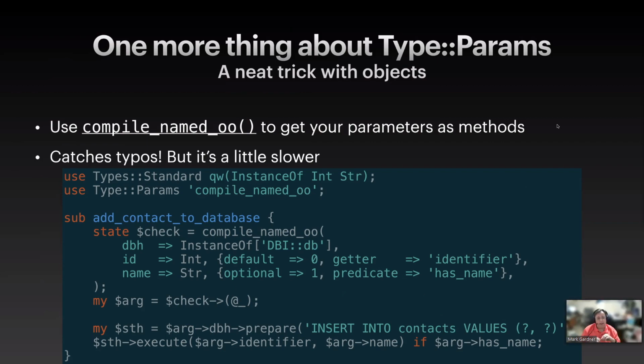Yes. Because you're setting the getter to be identifier, that's going to be the method name that you use on arg to get that value. You will not be using ID. ID will not be a method. Okay, so it's just replacing the name of the item. Right. Exactly. It's replacing the name and turning it into another method name.